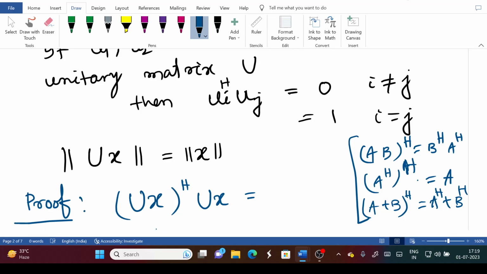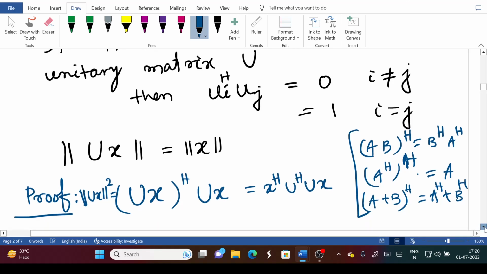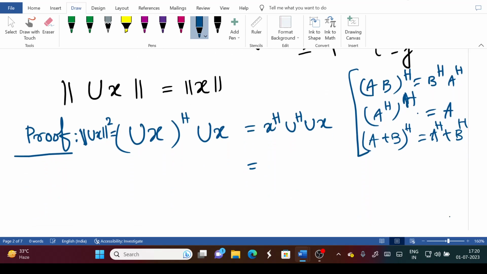Now using this, how can we write? We started with this: length of Ux squared is equal to, let us expand it, x^H U^H Ux. Since U^H U is the identity matrix, it is x^H x, which is equal to the square of the length of x.